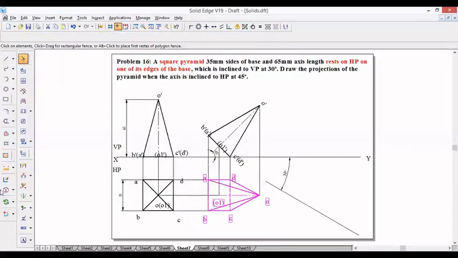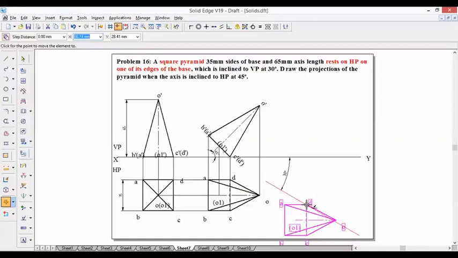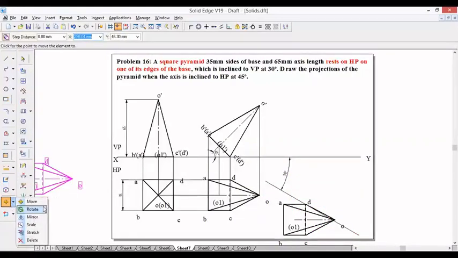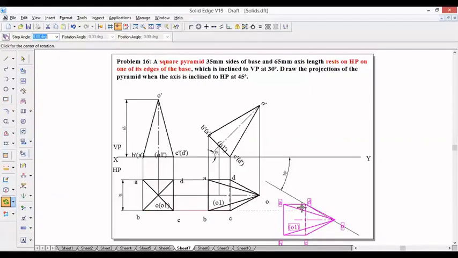Now make use of the modifying command called move. Move this solid with respect to point D on the 30 degree line, then immediately rotate in such a way that D and C will come on this 30 degree line.